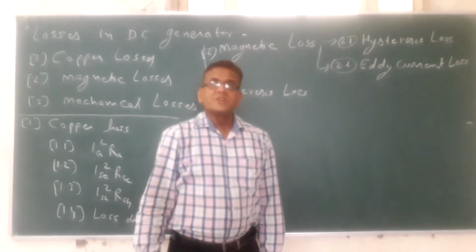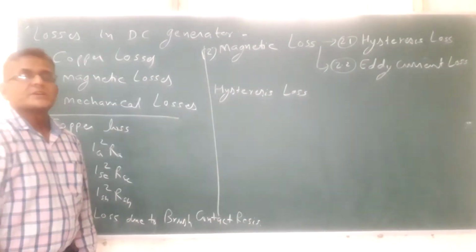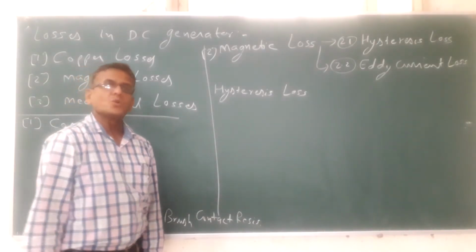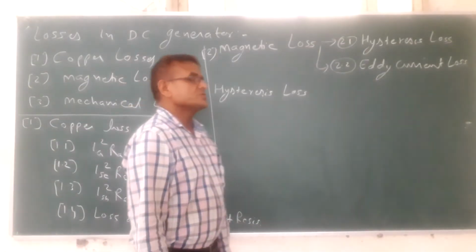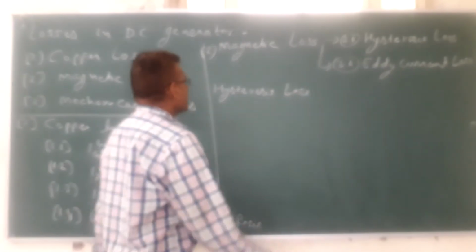In DC generator, hysteresis loss is due to reversal of magnetization of armature core.